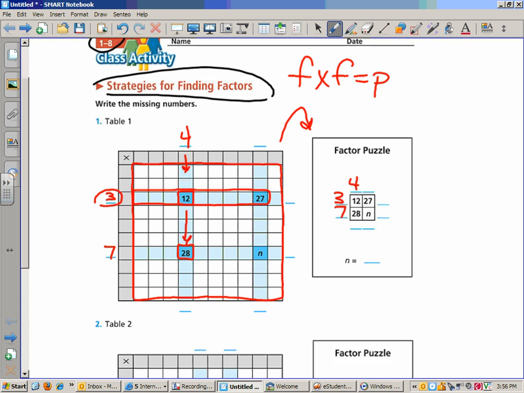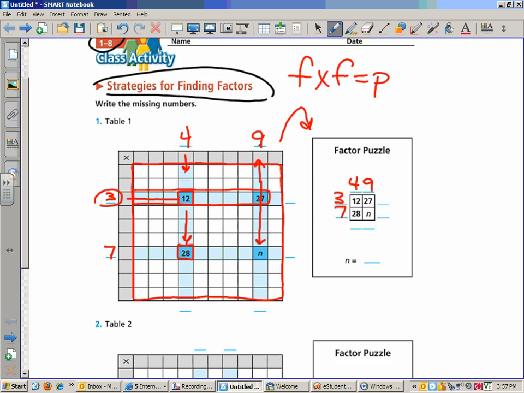Going back to this row, if this is 3 and we have 27, what would be our factor up here? It would be 9. And if this is 9, then we can go down and figure out the variable n. If we have 7 over here and 9 over here, then n should be 63.